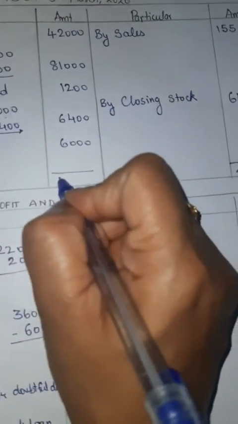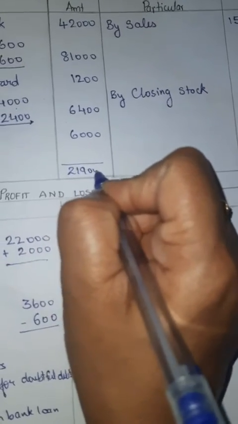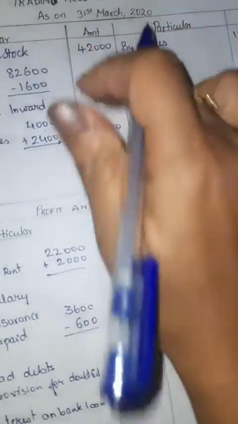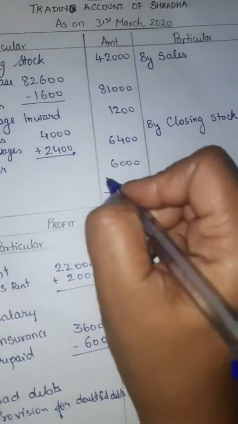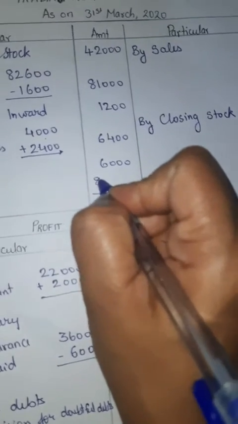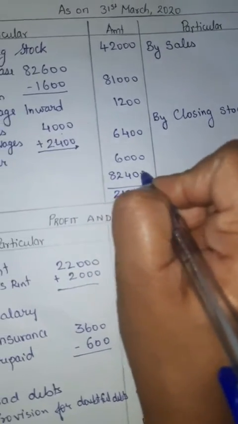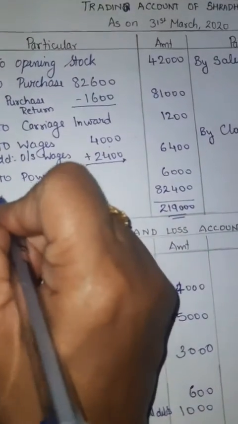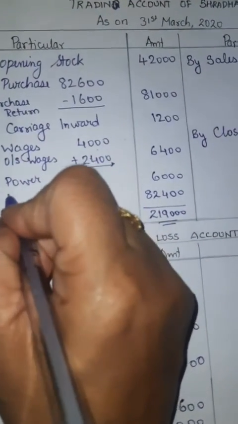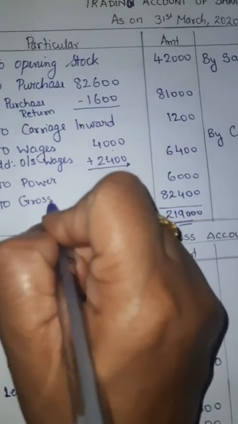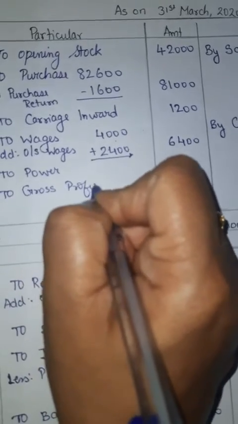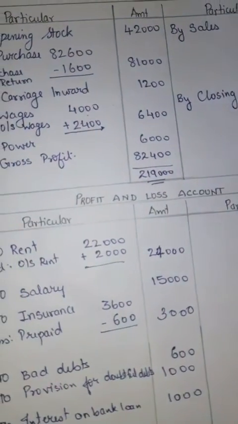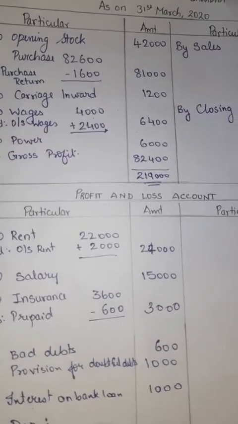Here also 2,19,000, double line. Your debit side is short, and it is short by 82,400. I hope you understood the way of finding the balance. So it's gross profit. Okay, your trading account is closed now.